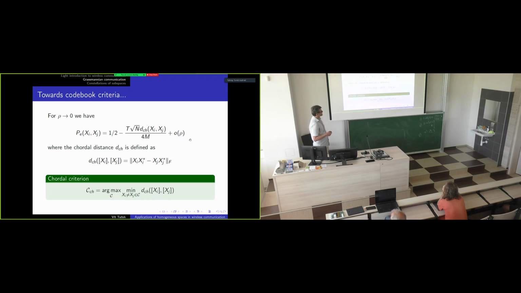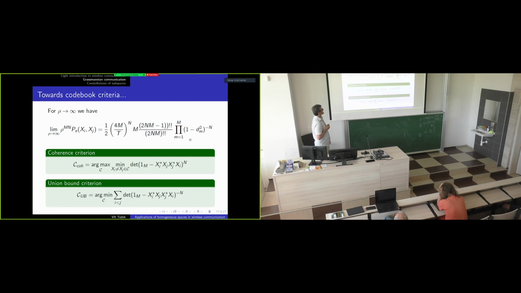And this is the so-called chordal distance because it really corresponds, in the one-dimensional case, to the chord on the sphere. And so you would like to minimize the probability of mistaking X_i for X_j. So you would like to maximize the minimal chordal distance here.